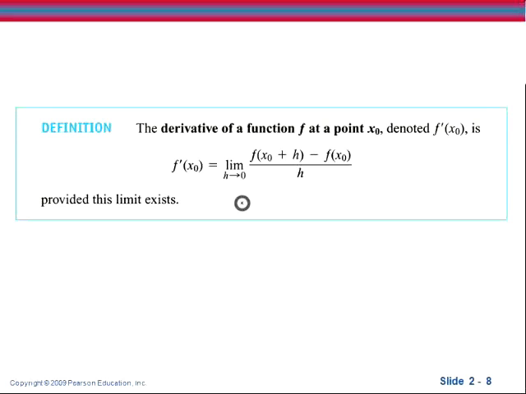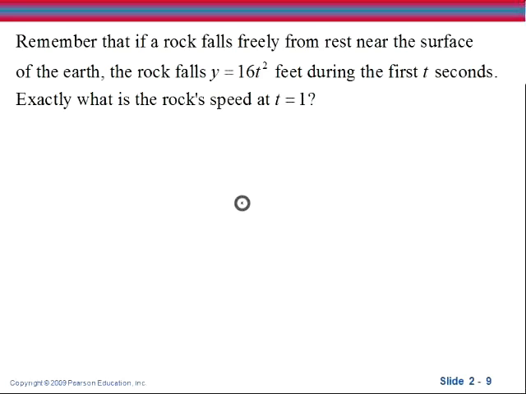Now we're going to revisit a problem from a previous recording. Remember we talked about a rock that fell freely from rest near the surface of the earth. The rock falls y equals 16 t squared feet during the first t seconds. And we wanted to know exactly what the rock's speed was at time equals 1.